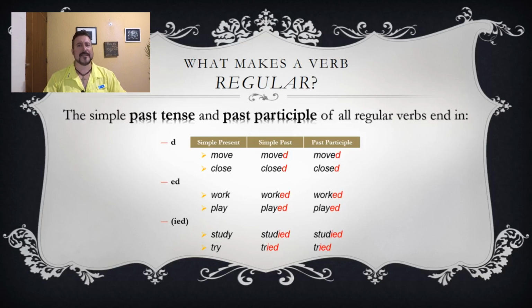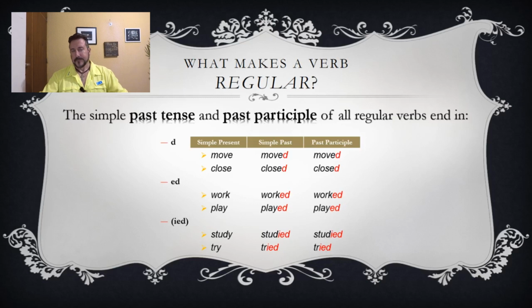You just got done saying you substitute the Y for an I. That's true, but pay attention to the differences between play and studied and play and tried. You see, with play, we have a vowel before the Y, and when that happens, the Y stays, okay?